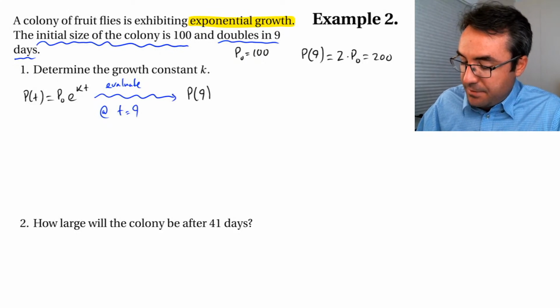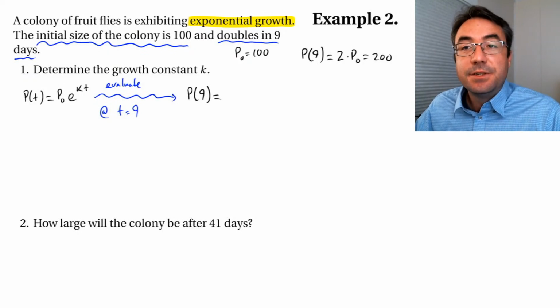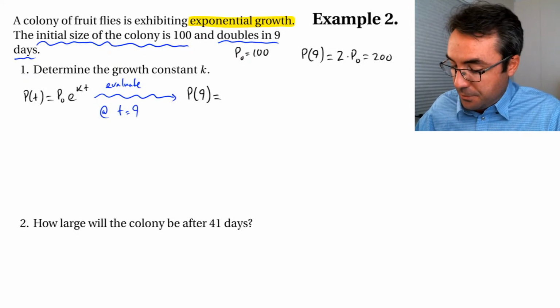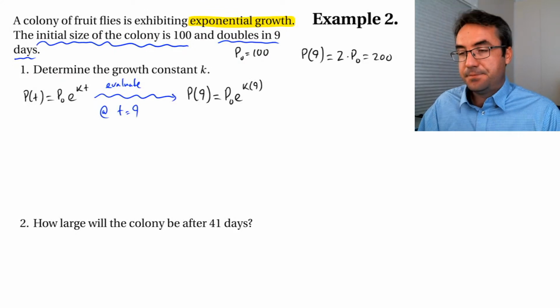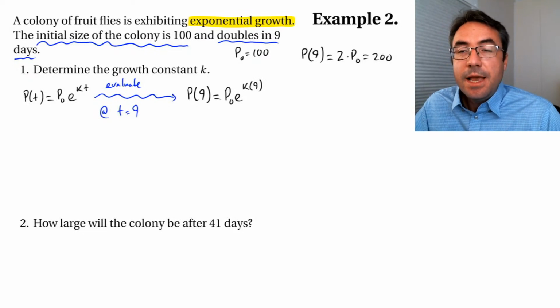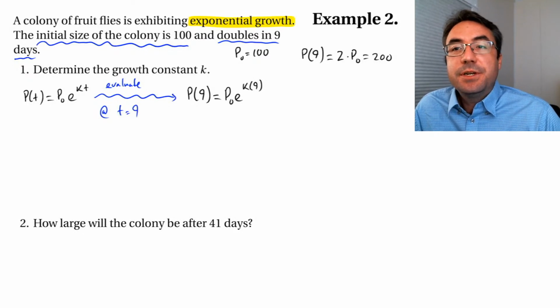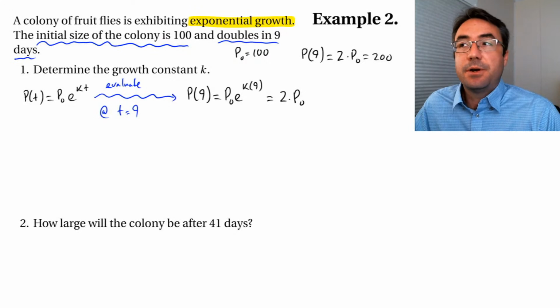So we get p of 9. Wherever we see a t, we just change it to a 9. So p of 9 is equal to p0 e to the k times 9. And what do we know about the population after 9 days? It should be double the initial population, so 2 times p0.